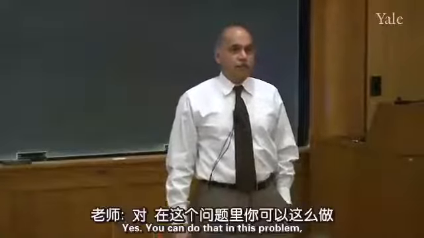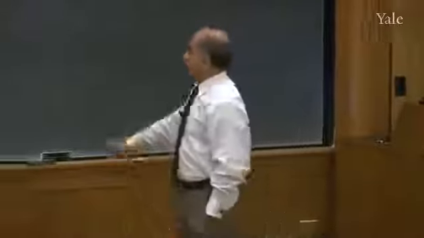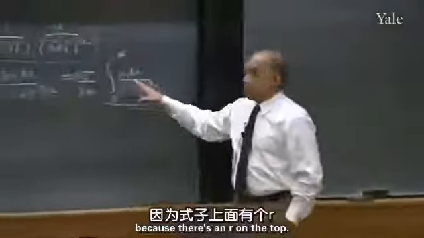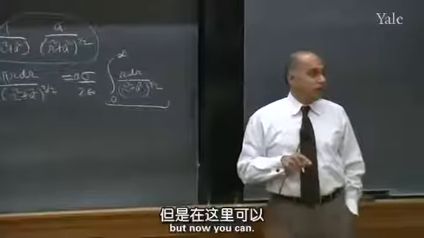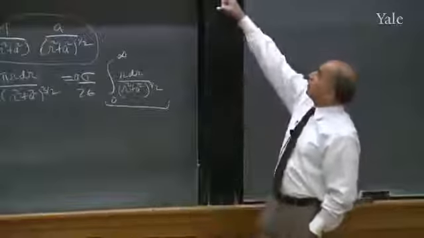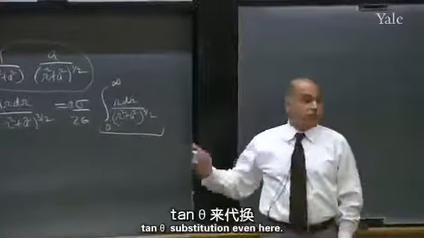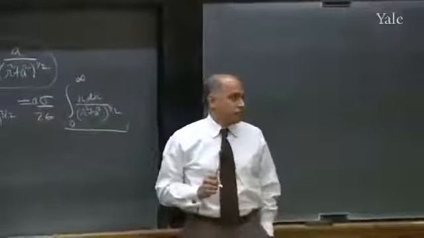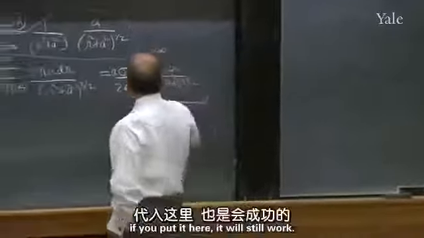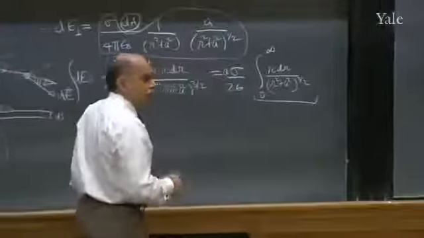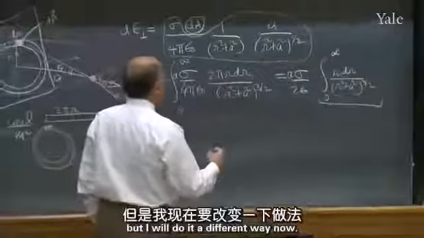Yeah, you can do that in this problem because there's an r on the top. If you didn't have the r, you couldn't do that, but now you can. I'll tell you how it works. First of all, you can always do that tan theta substitution even here. It will always work. The tan theta substitution, if you put it here, will still work. You can go home and verify that, but I will do it a different way now.